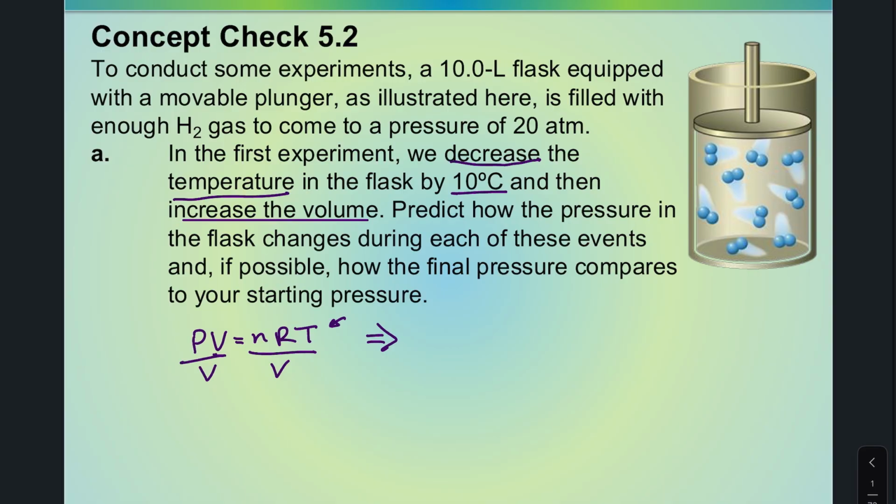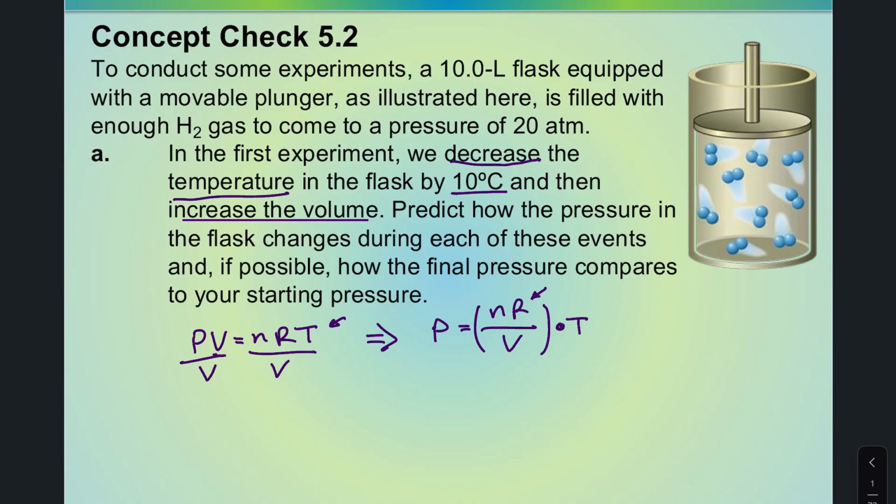So this is going to end up being P equals nR, and I'm going to put V over here, and then I'm going to multiply it by T. That way, T, temperature, is going to be outside of these. So we have P equaling nRT, nR over V times T. And I did this on purpose because the number of moles, the R, which is the gas constant, and the volume are all going to stay the same.